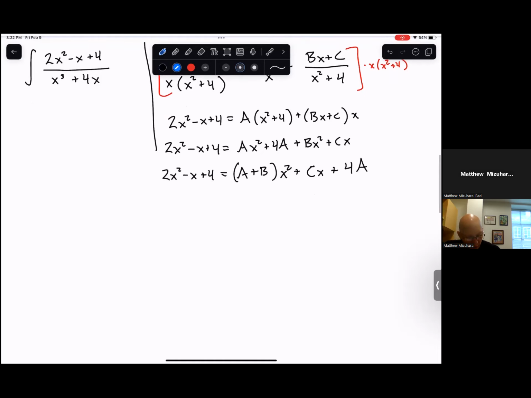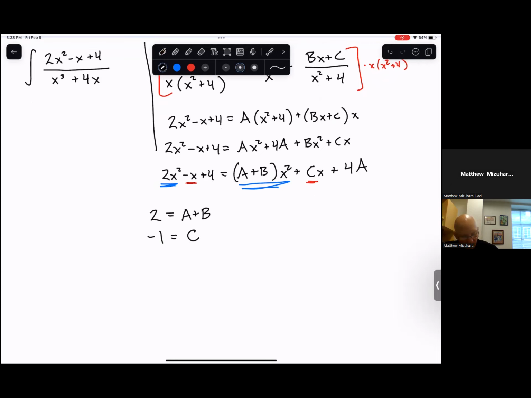All right, so let's play the same game we just played. I'm going to compare the coefficients of like powers. So I know 2 must equal a plus b from my x squared term. Here I have -1 x's on the left, and on the right I have 1c.